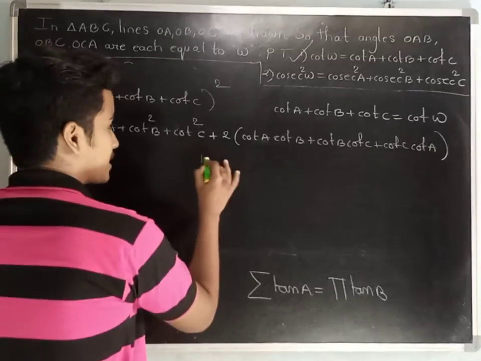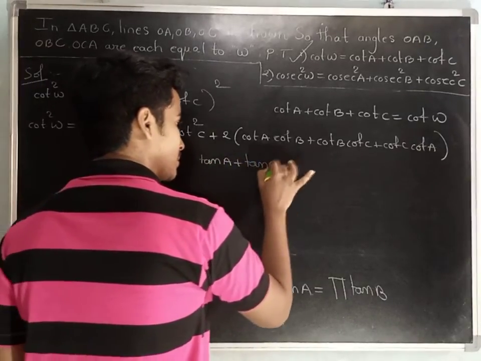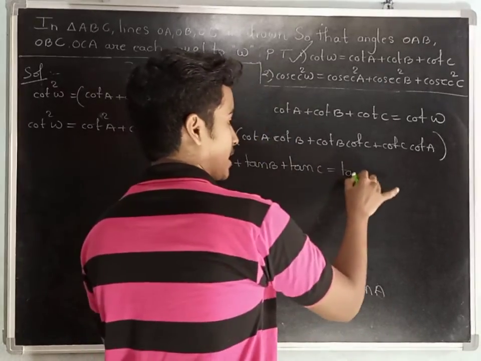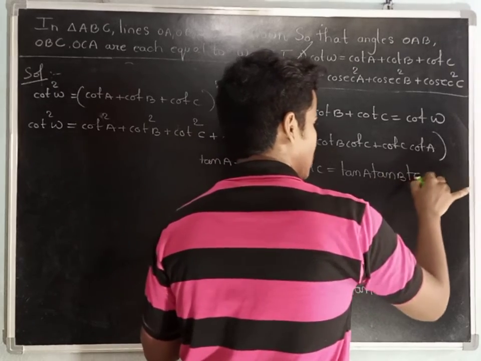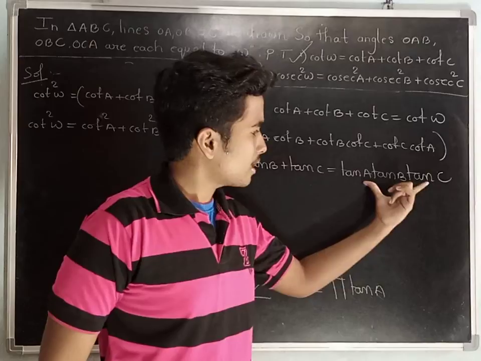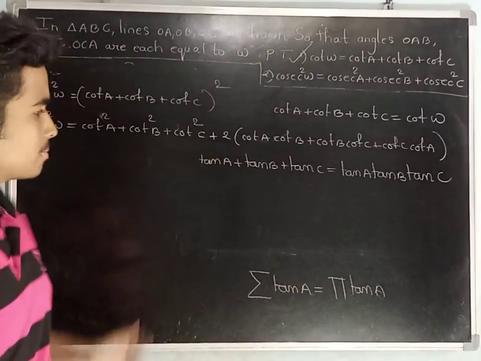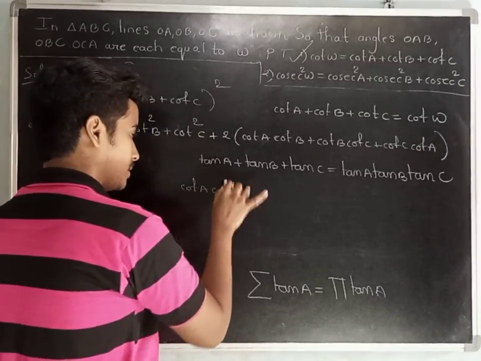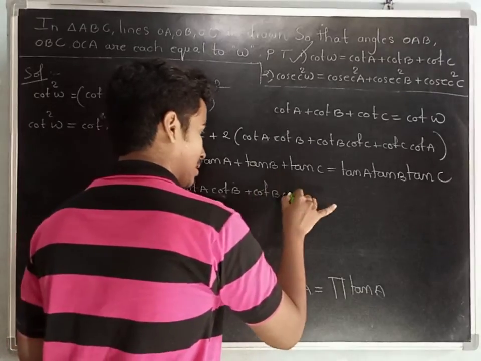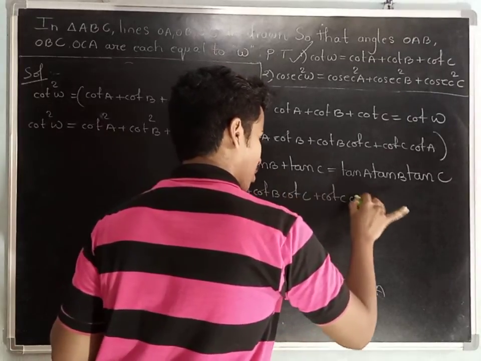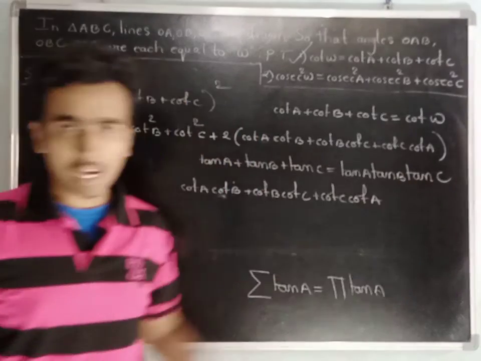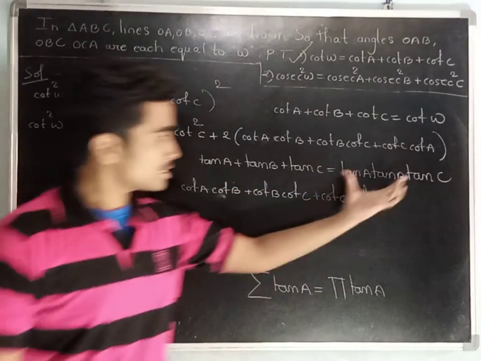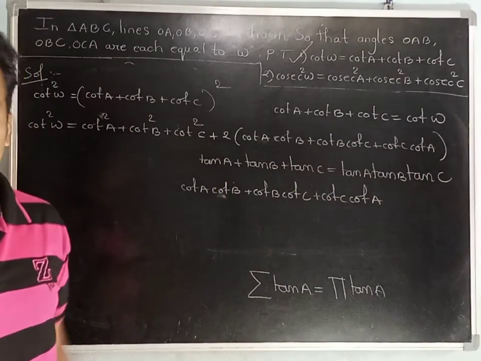And further, sigma tan A can be written as tan A plus tan B plus tan C is equal to pi tan A. Pi tan A is nothing but tan A tan B into tan C. So what I will do, I will send this RHS to the denominator so that I am going to get cot A plus cot B plus cot C. I have sent this term to the denominator, right?